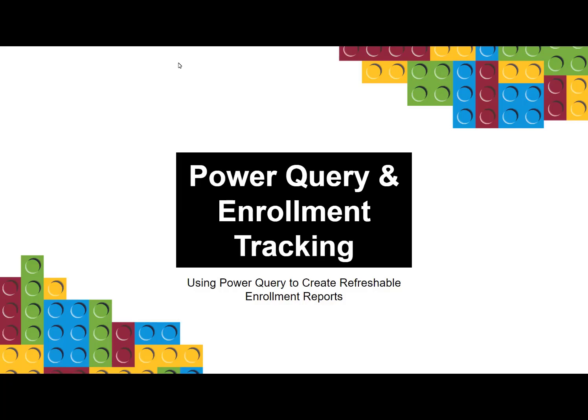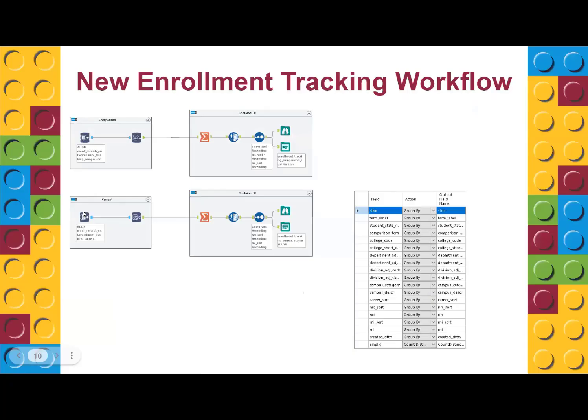And so first off, this applies to everyone as well, but we made a new Alteryx workflow. Before, we had the enrollment tracking workflow, which would create new ADB tables, which are tables in our Redshift, for enrollment tracking that people could pull from. With those tables, we decided to make summary tables that were easier.